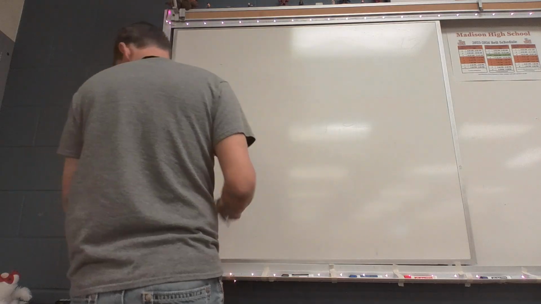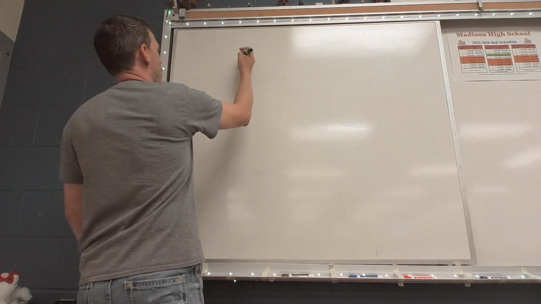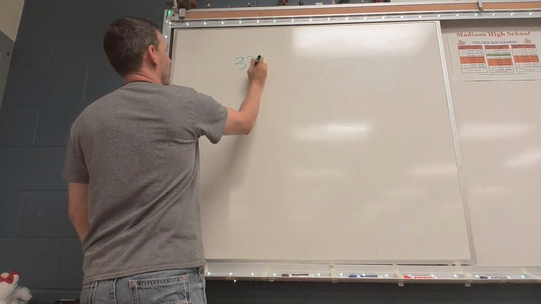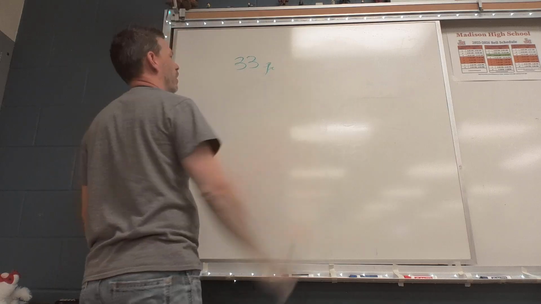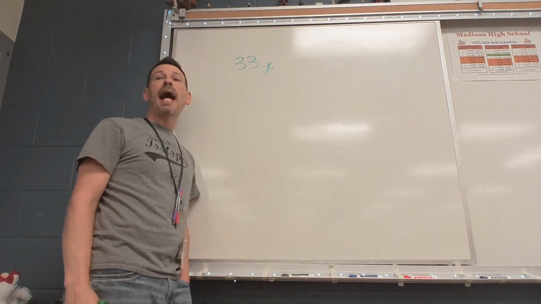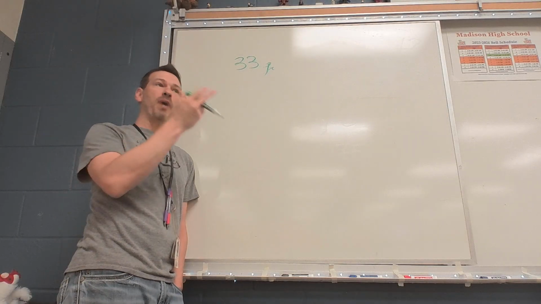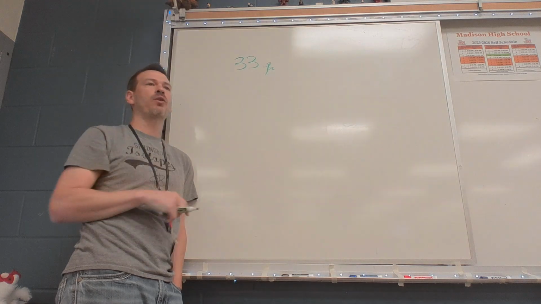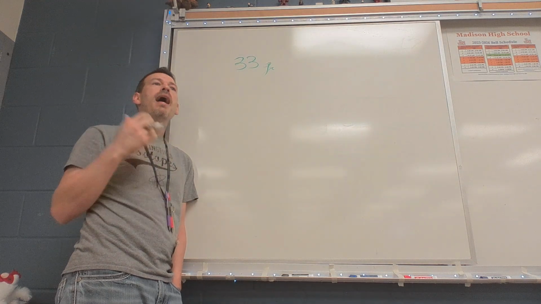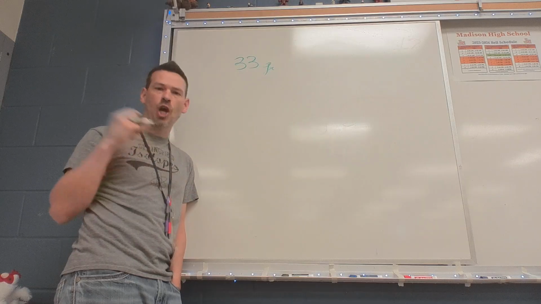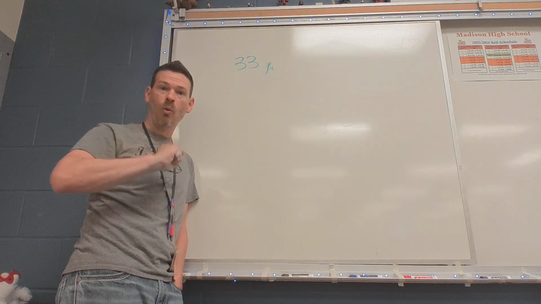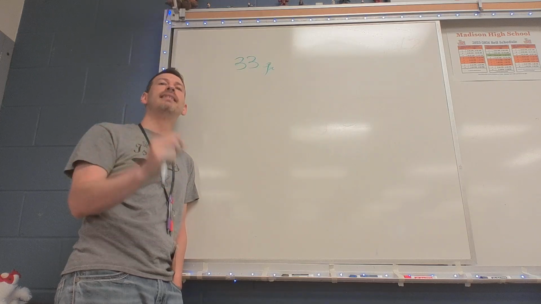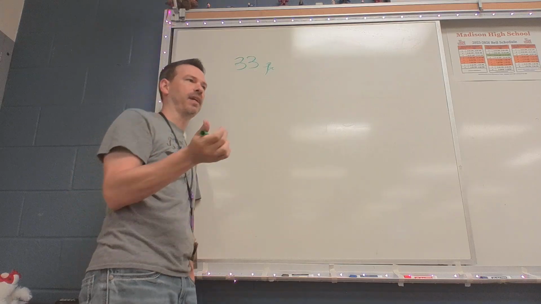Significant figures are made up of 4 rules. We apply these rules to expressions to count digit for digit. That's 33 grams. I want to know how many sig figs there are. So we're going to go through the rules. Rule number 1 states that non-zeros are significant.